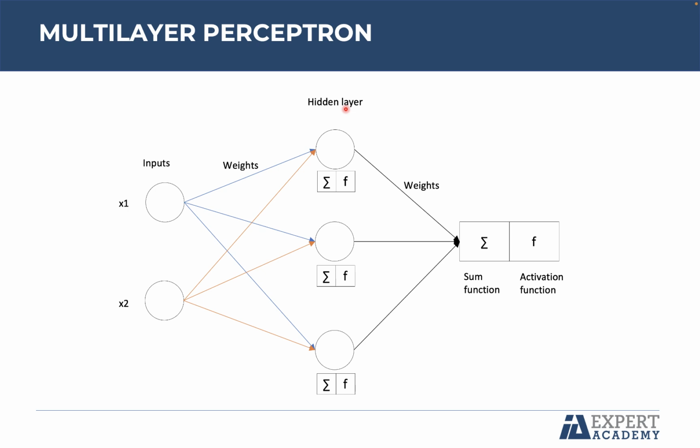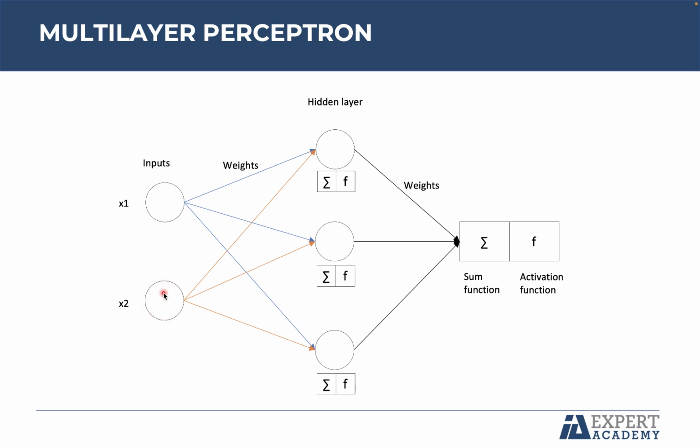Something that is also important is that the sum and activation functions are applied for each one of the neurons in this new layer. Each of the inputs is connected to each one of the neurons in the hidden layer. For example, x1 is connected to the first, to the second, and to the third neuron of the hidden layer.